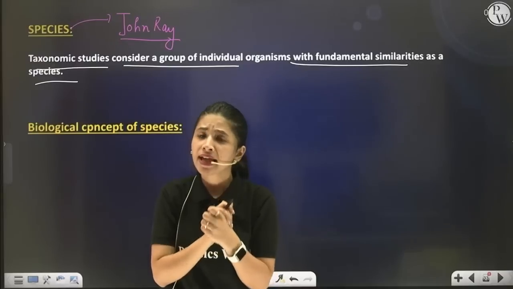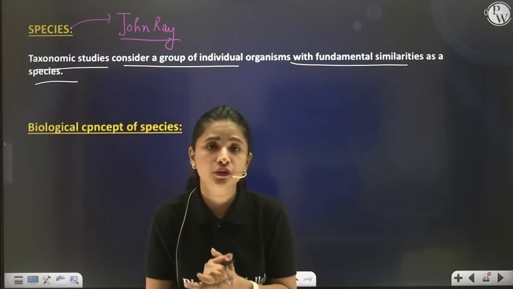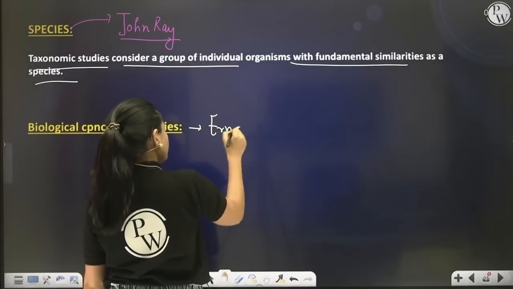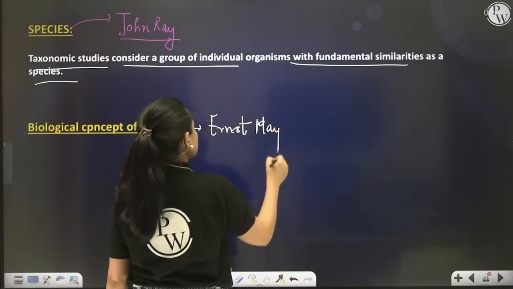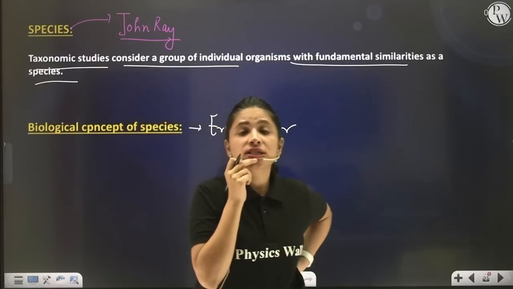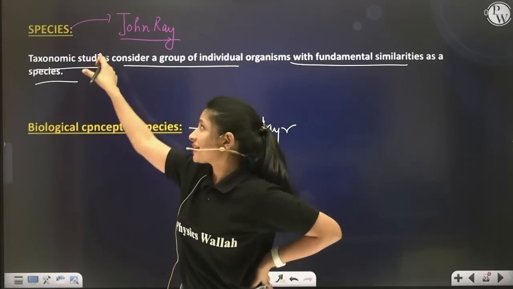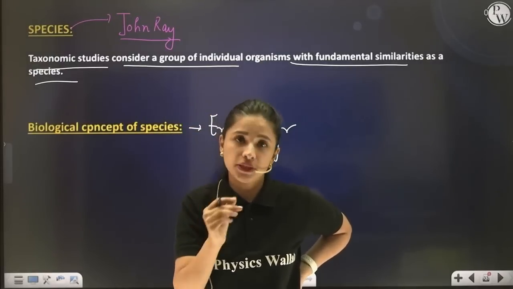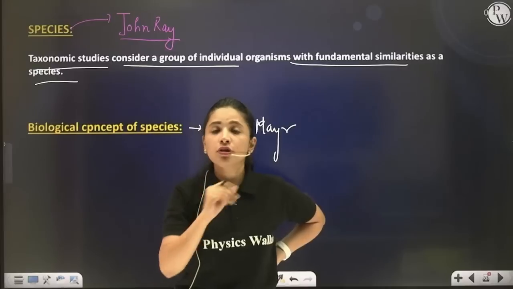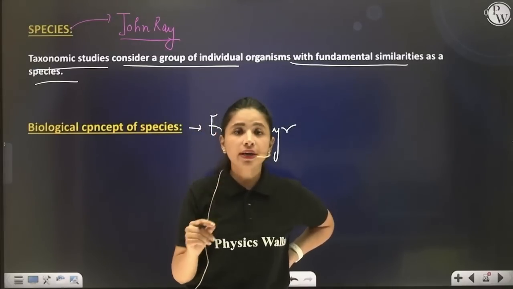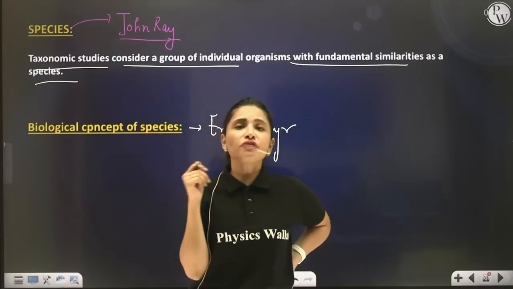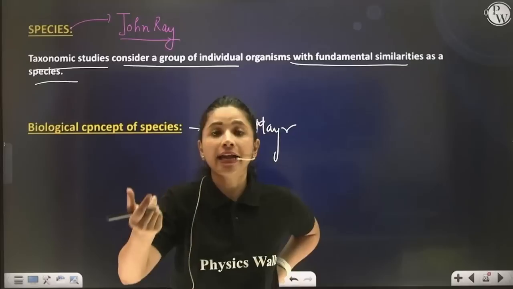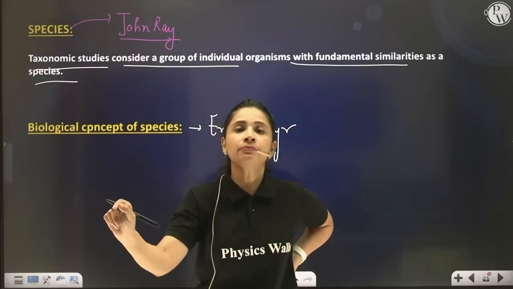Clear? There is, my children, one more definition of species that was proposed by Ernst Mayr. This fellow gave the biological definition of species. This is taxonomical; then Ernst Mayr proposed the biological concept of species. According to it, those two organisms or groups of organisms which are able to interbreed and produce a fertile offspring should belong to the same species.